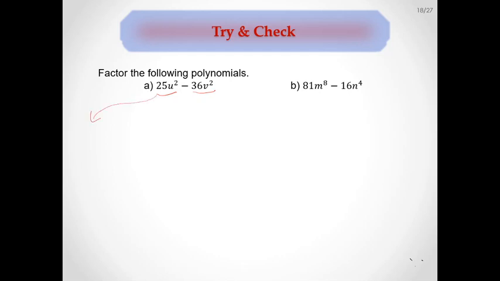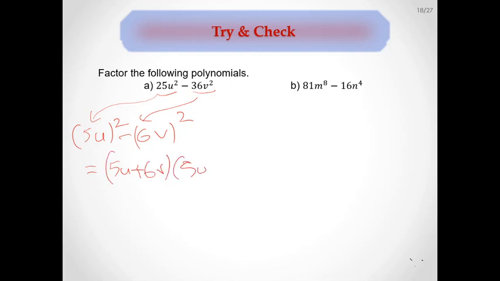It's kind of obvious that this is 5u squared and this is 6v squared, and then we use the factoring for the difference of squares, which says it should be equal to 5u plus 6v, 5u minus 6v. So this is the solution, the factoring of it.